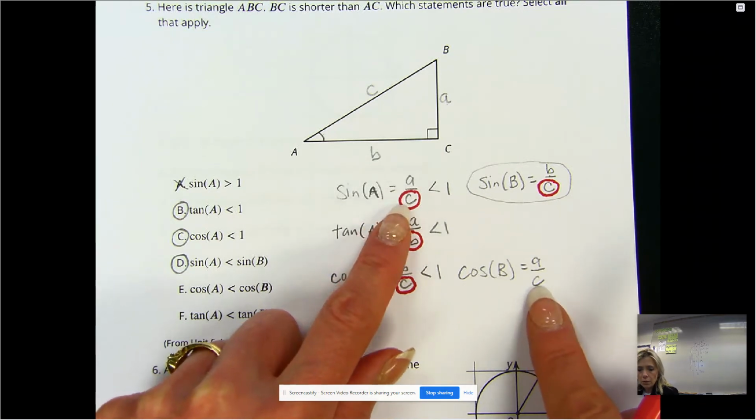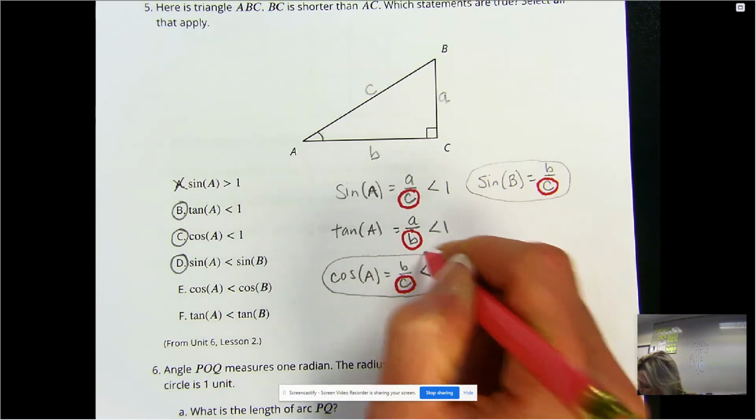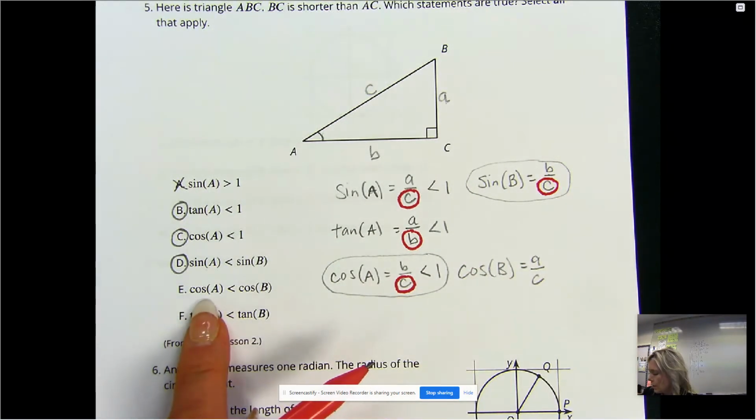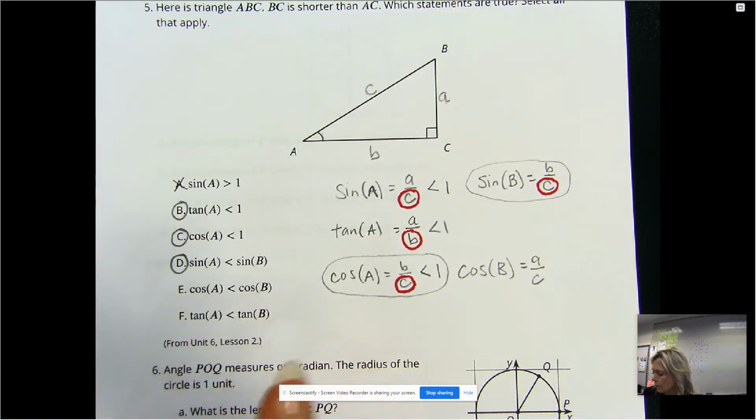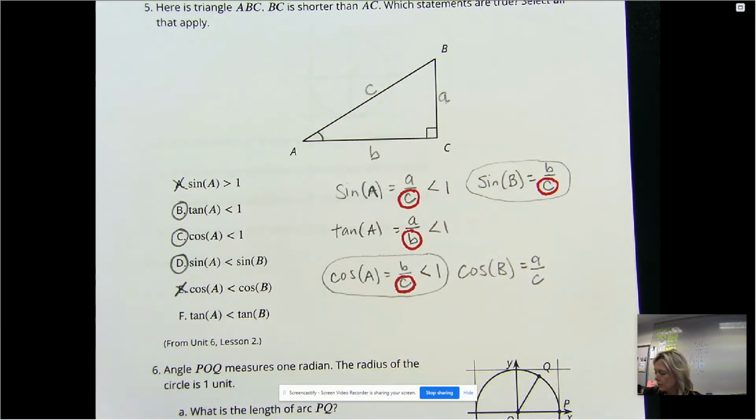We already have shown that this is the larger value. So the cosine of A is not less than the cosine of B, it's greater. So E is not a correct answer.